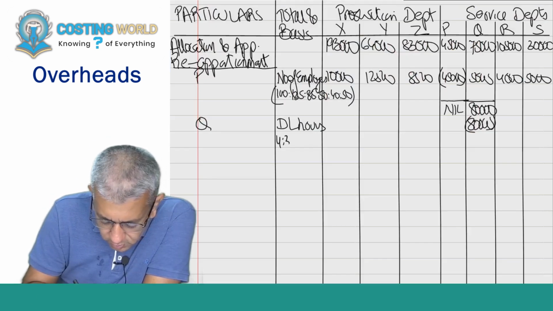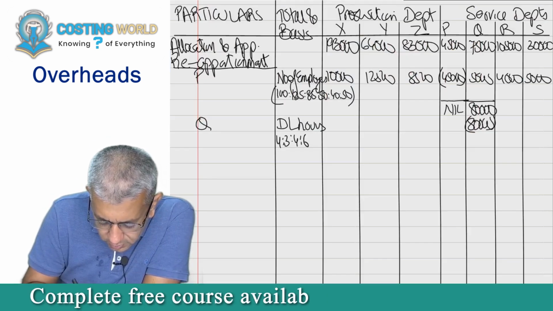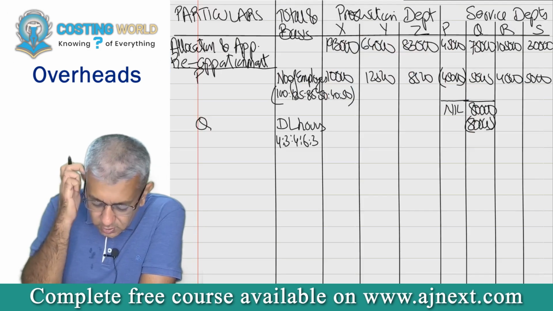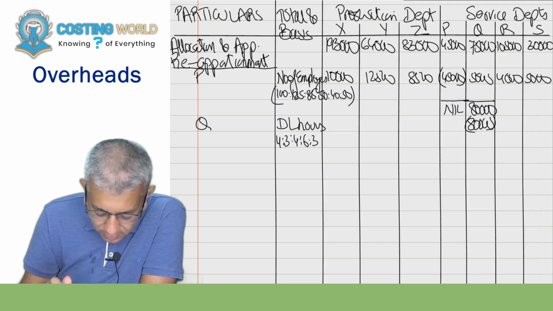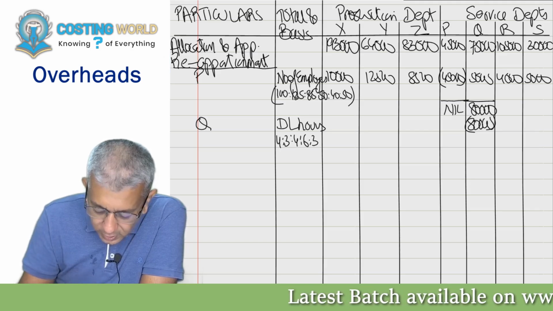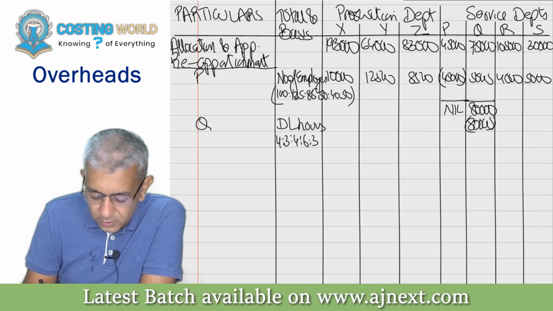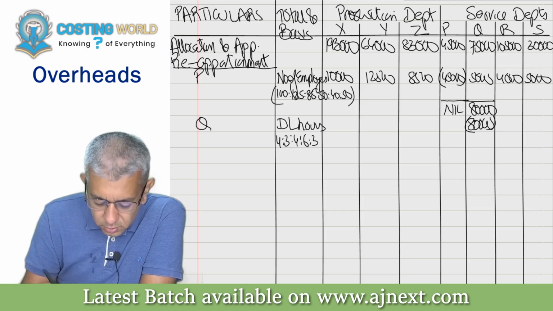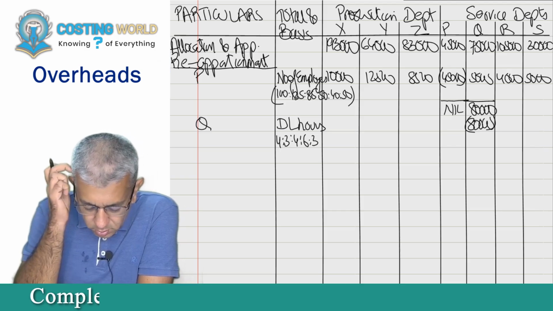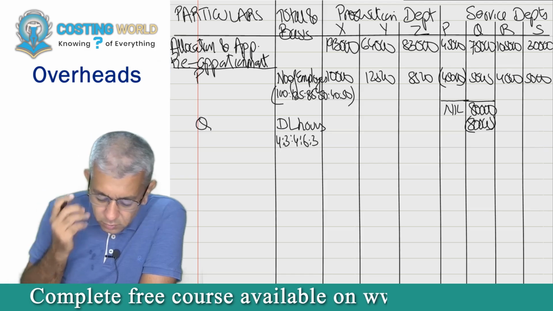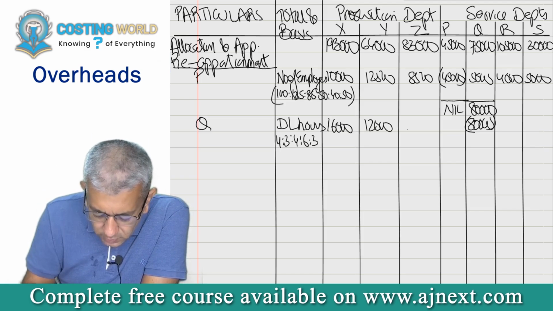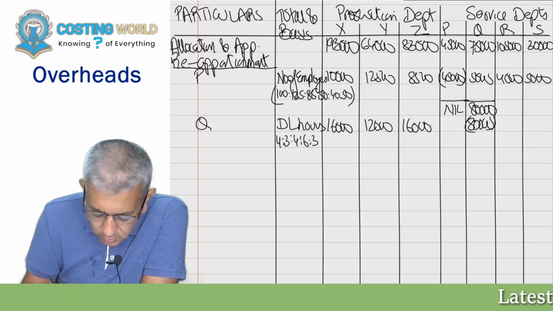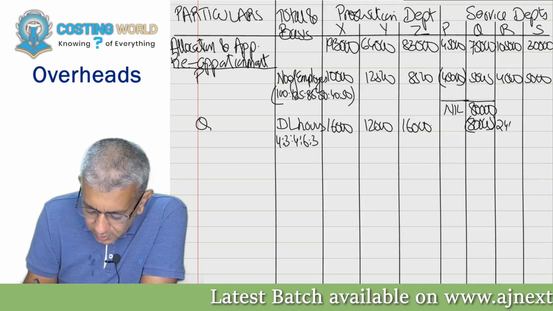4, 3, 4, 6, 3. So 80,000, please subtract from here, divide 4, 11, 20. 80,000 divided by 20 is 4,000. This is 16,000. 12,000, 16,000, 24,000.